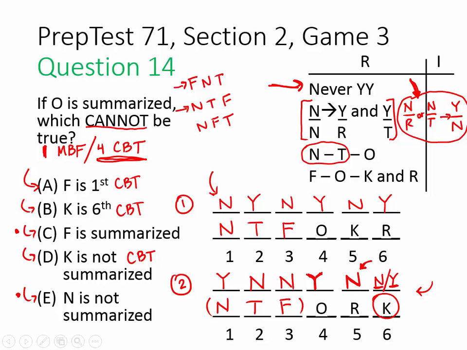So in this scenario, you'll see that we have proven that it could be true that N is not summarized. And meanwhile, we've also shown once again that it cannot be true that F is summarized. So this is our odd man out right here in answer choice C. It must be false that F is summarized.